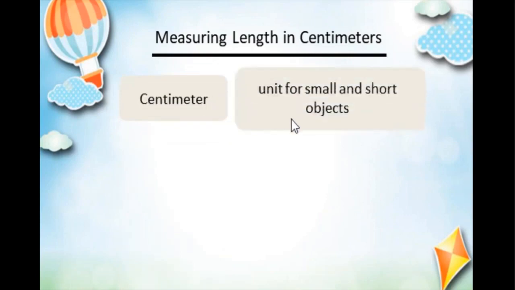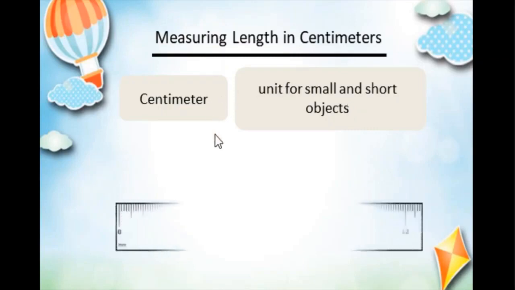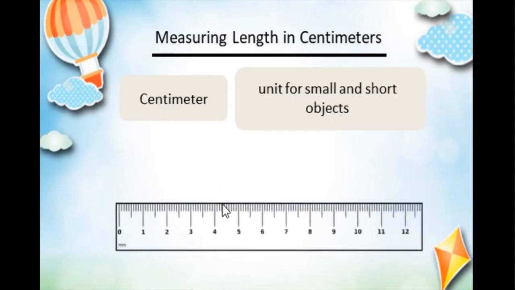We use it when we measure small and short objects like pencil, like books, like notebooks. All those small and short objects can be measured with the use of centimeters. Usually, when you measure objects using centimeter, you are going to use a ruler, okay?